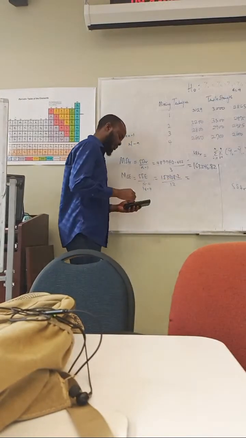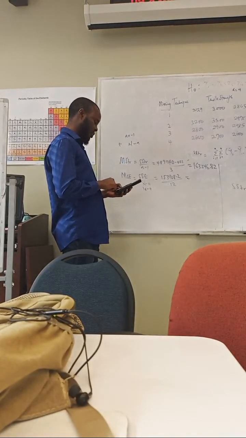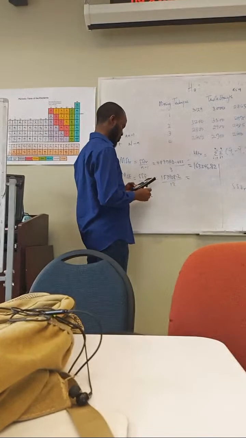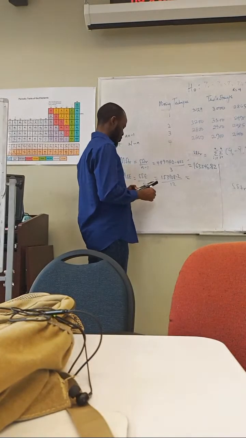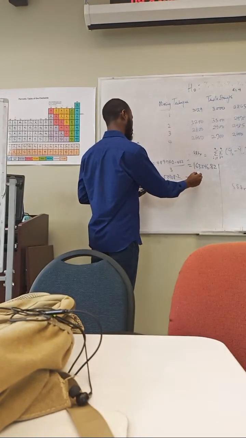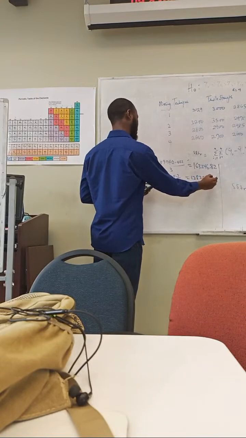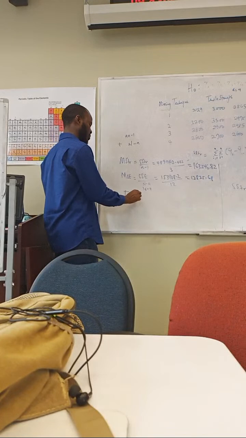So we have 153,908.2 divided by 12, which is 12825.68. So my F, which is going to be the what?